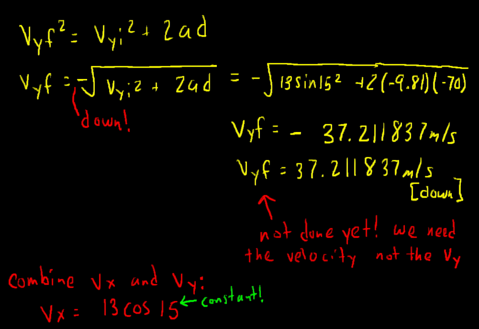And we found Vy to be 37.211837 meters per second down. The magnitude of the velocity is calculated using Pythagoras' theorem.